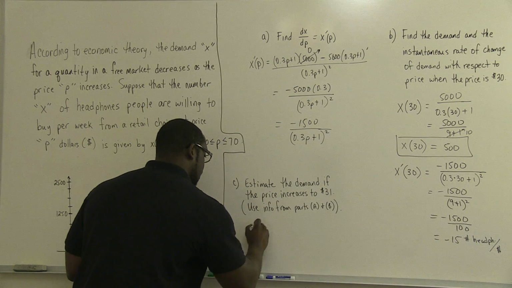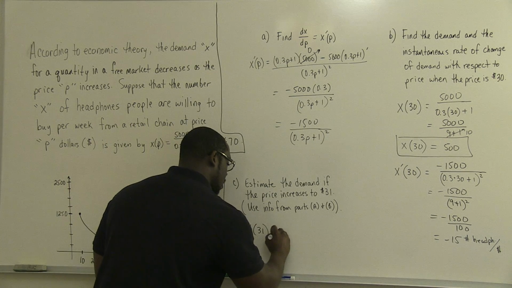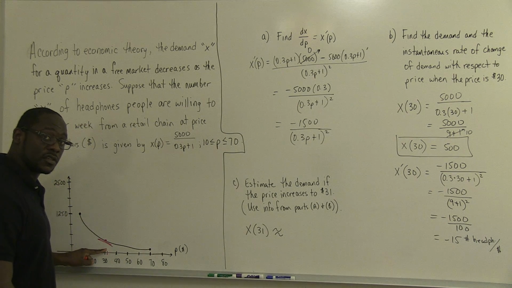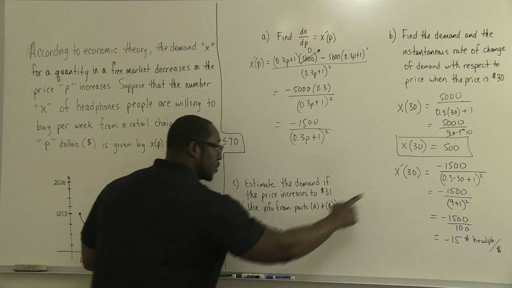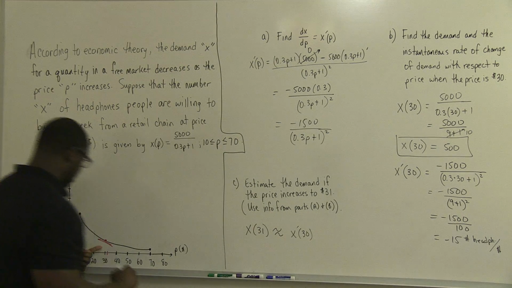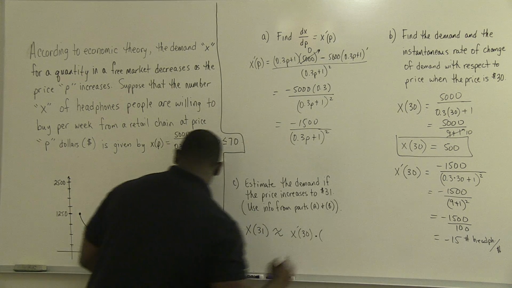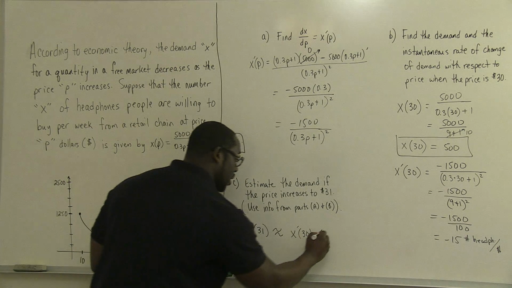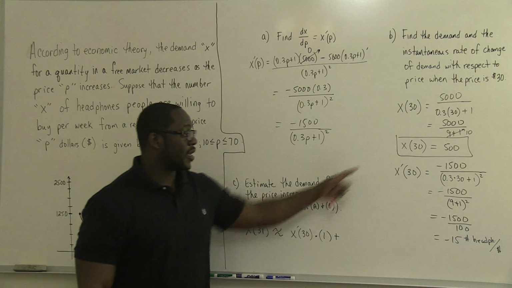We could say that the demand at the price of $31 would be approximately equal to the slope of this line times the difference between $30 and $31, which is just $1, plus our known demand at 30.